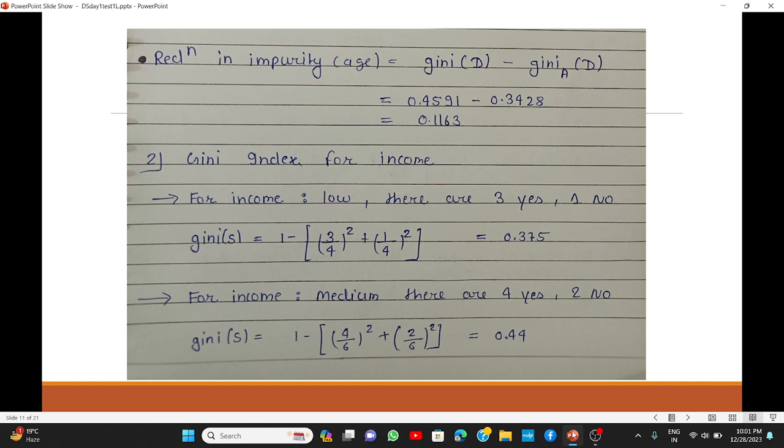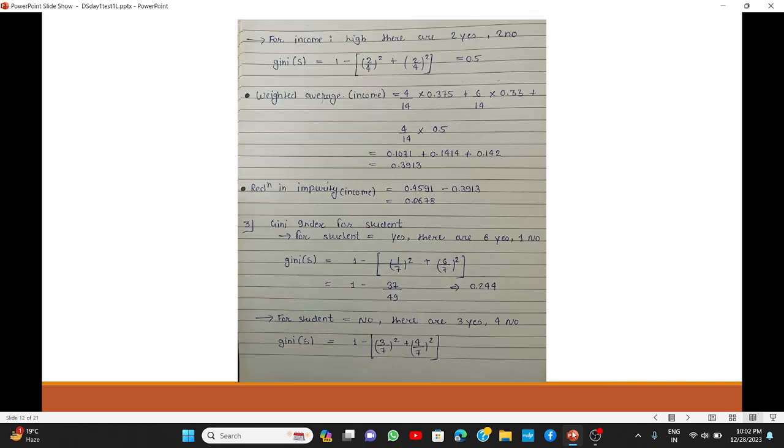In medium there are 4 yes and 2 no, then Gini for medium is 0.44. In high there are 2 yes and 2 no, then Gini for high is 0.5. The weighted average for income is 0.3913, and the reduction in impurity of income is 0.0678.